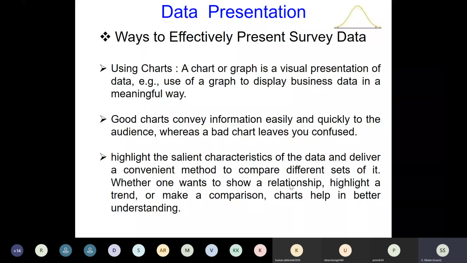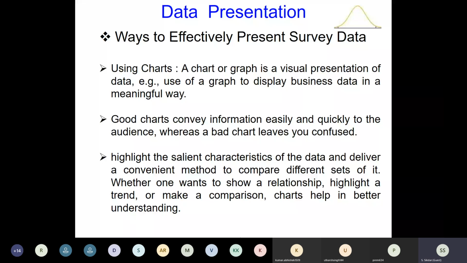So it is a convenient method to compare. If I want to compare the consumption last month to this month, it gives a relationship, and we can say from the trend that something wrong is happening which we want to correct. Similarly, in a production plant, if you look into the trend, you can make out what is happening.